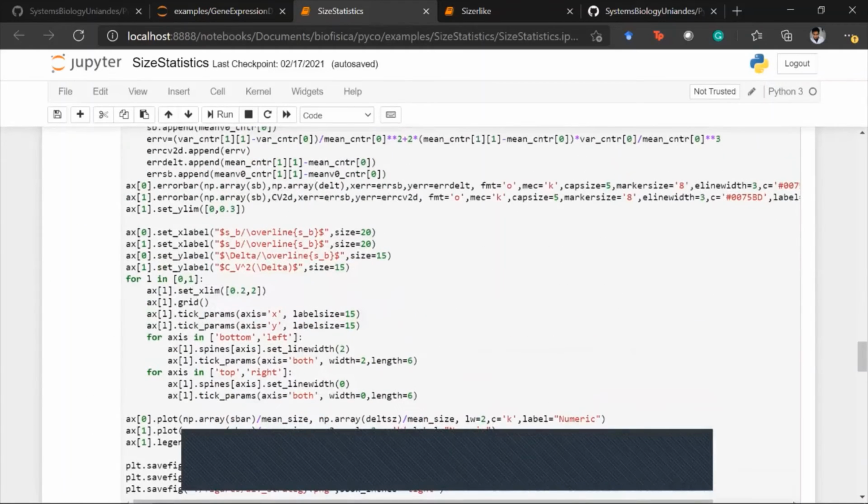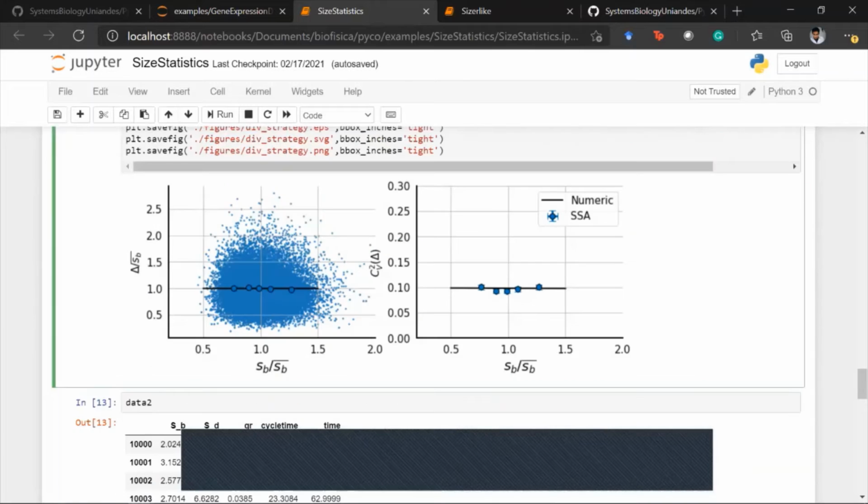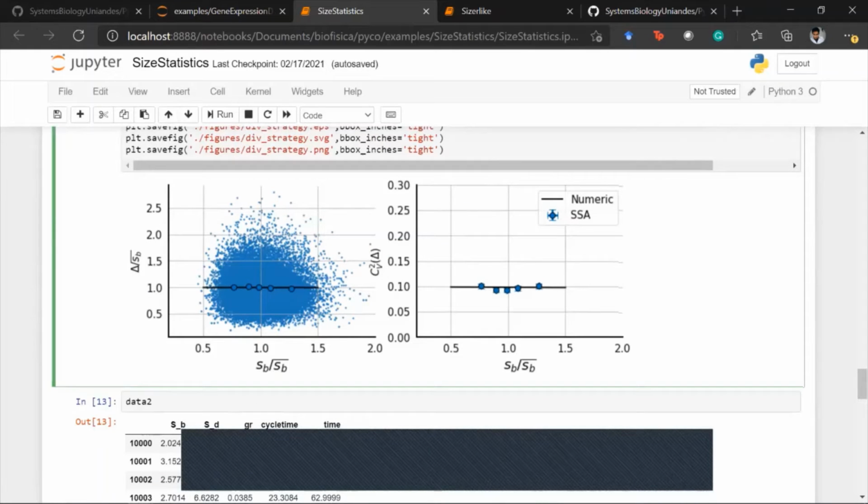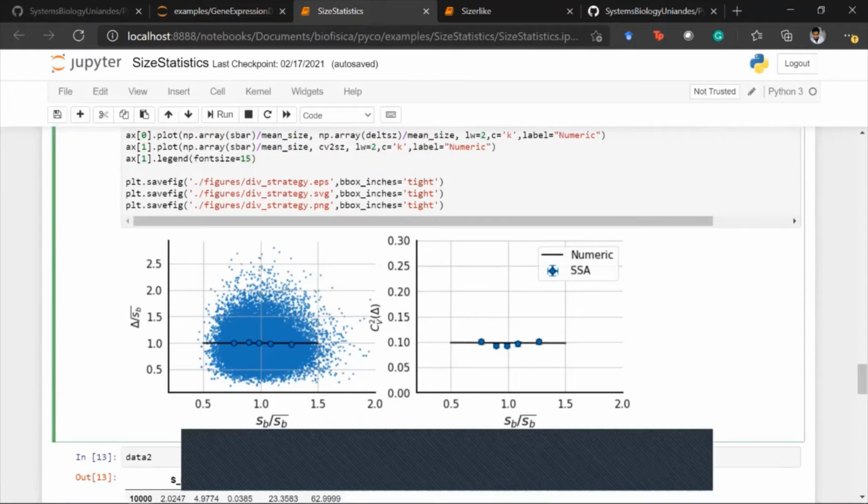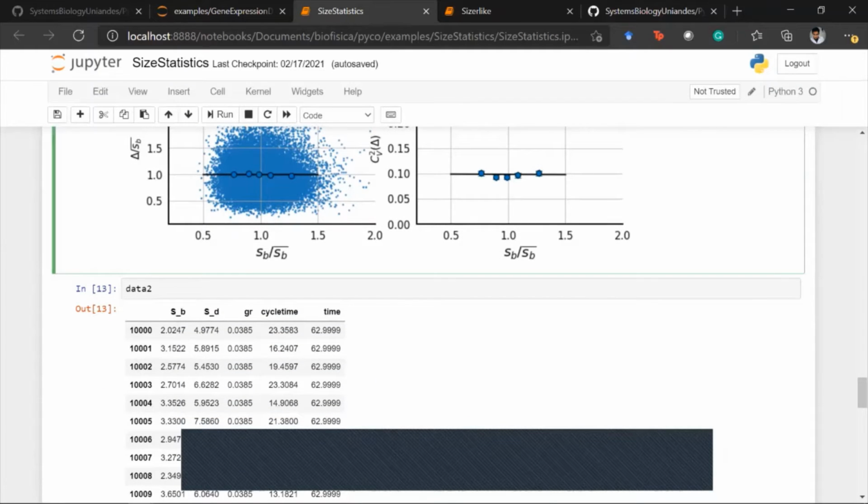And when you compare using this script, you can obtain this graph. Okay.